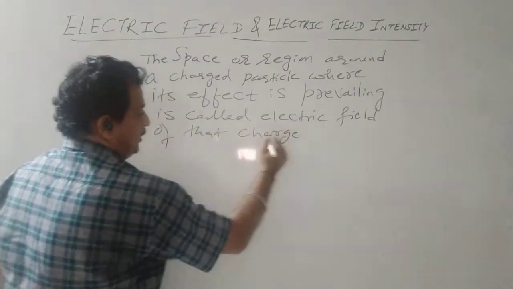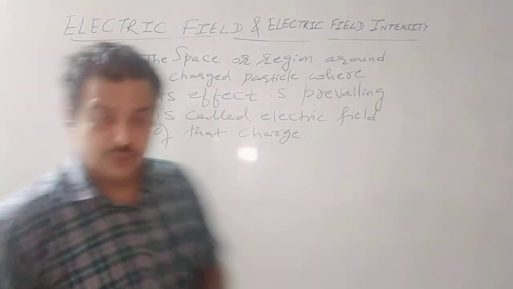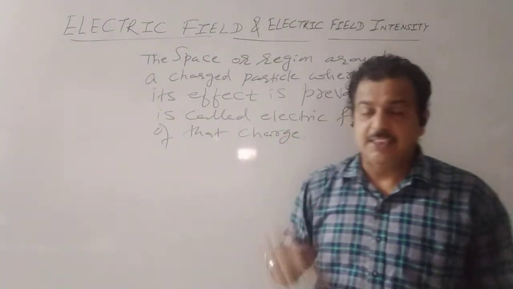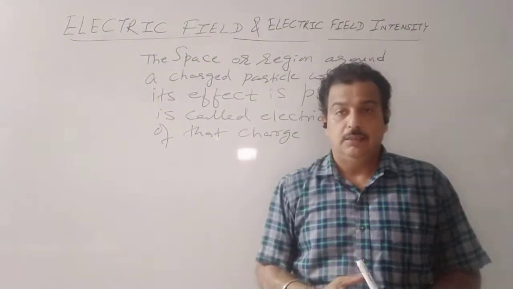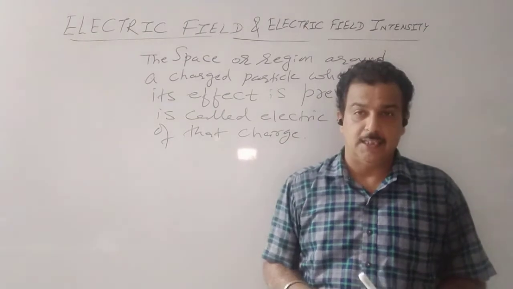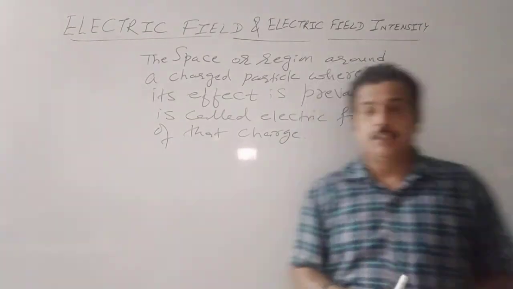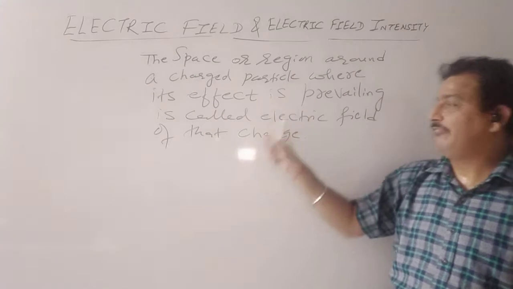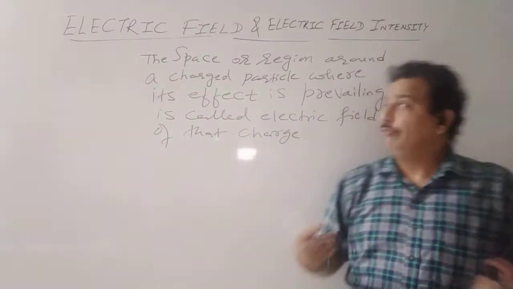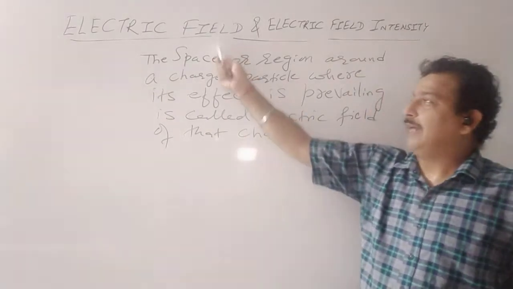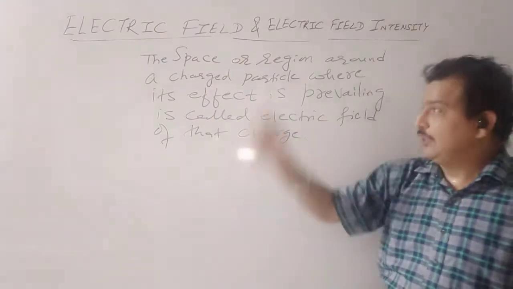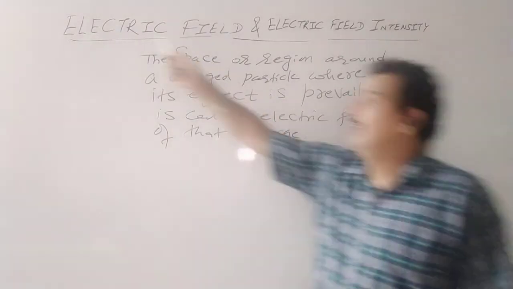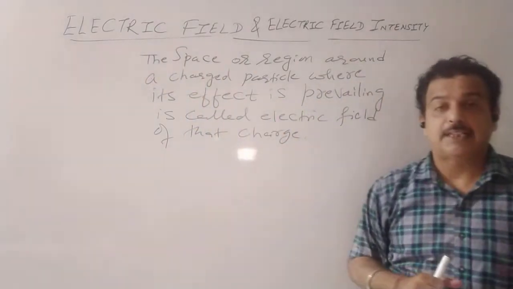So in simple terms, ऐसा समझ लो, किसी चार्ज का इलाका जहां उसकी दादागिरी चलती है; beyond that region or space, its effect is not prevailing. So we named it a field, and because it is a region or space of a charged particle, we named it electric field.